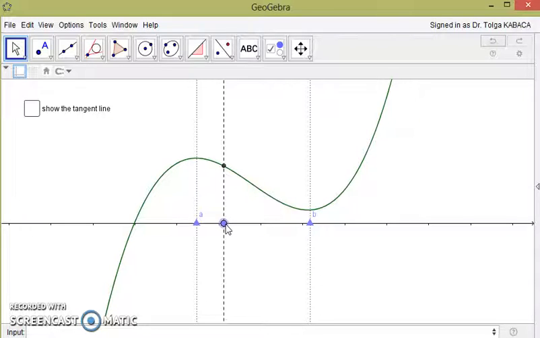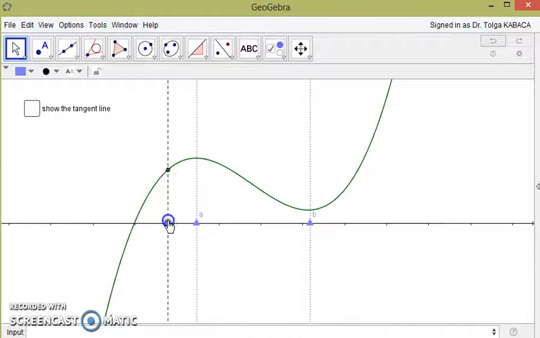Let's observe what's going on in this dynamic application. As you know, the derivative means the tangent at a specific point of a function.